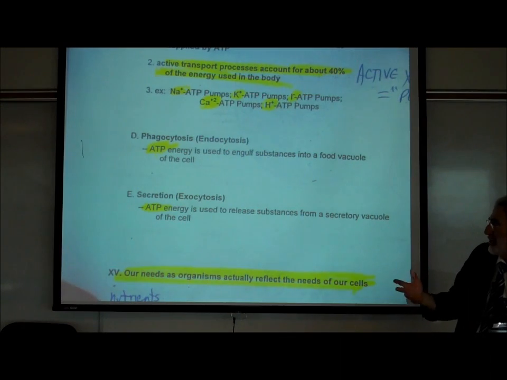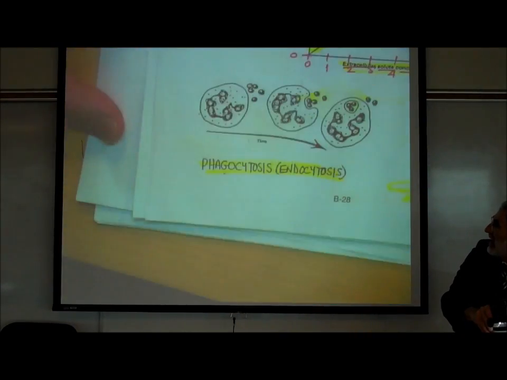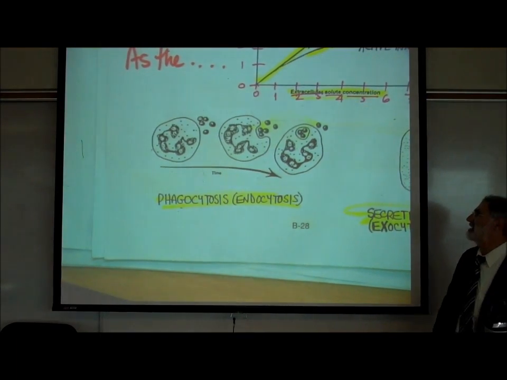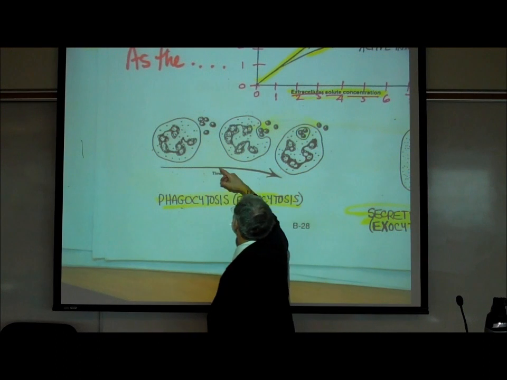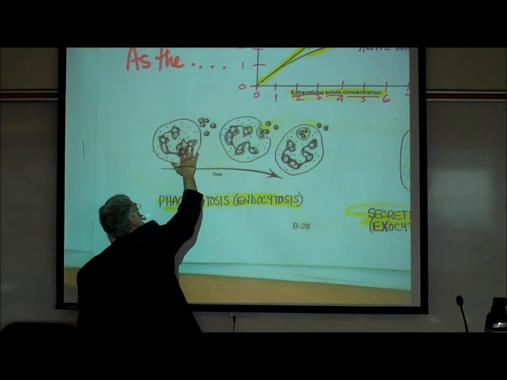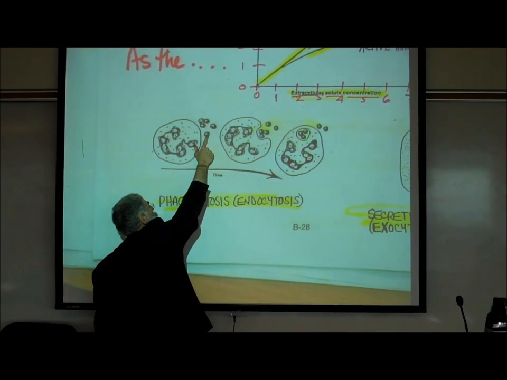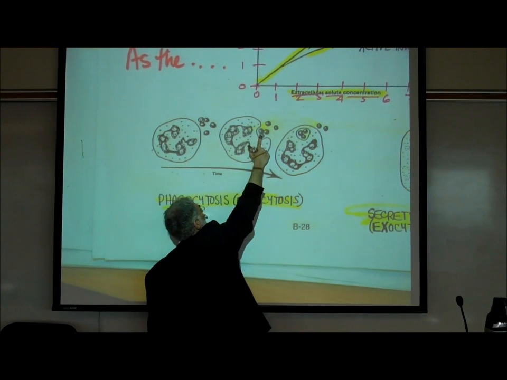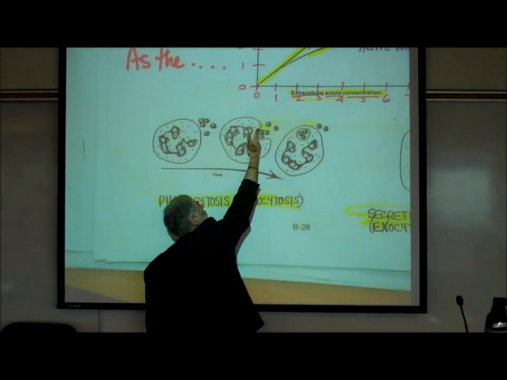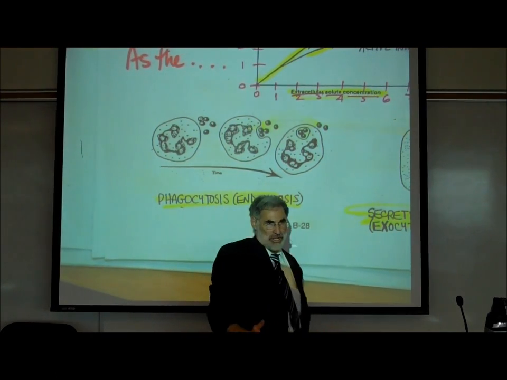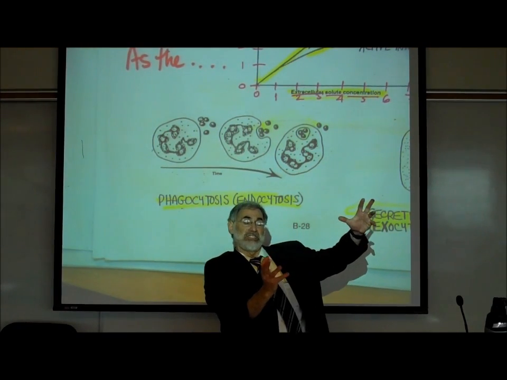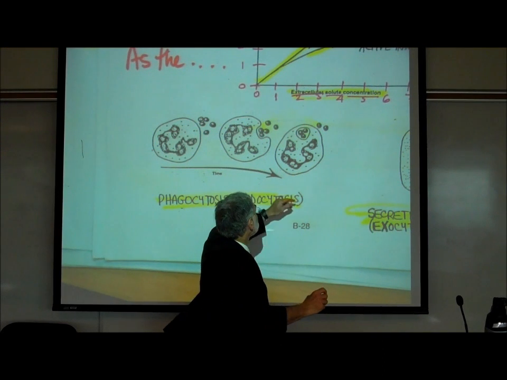Let's show you a picture on the previous page. On the bottom of the previous page, this is showing an example of phagocytosis or endocytosis. Here is a white blood cell that is in the process of engulfing or swallowing up some bacteria. It is changing the shape of the cell membrane. This requires energy in the form of ATP for the cell to change its shape.